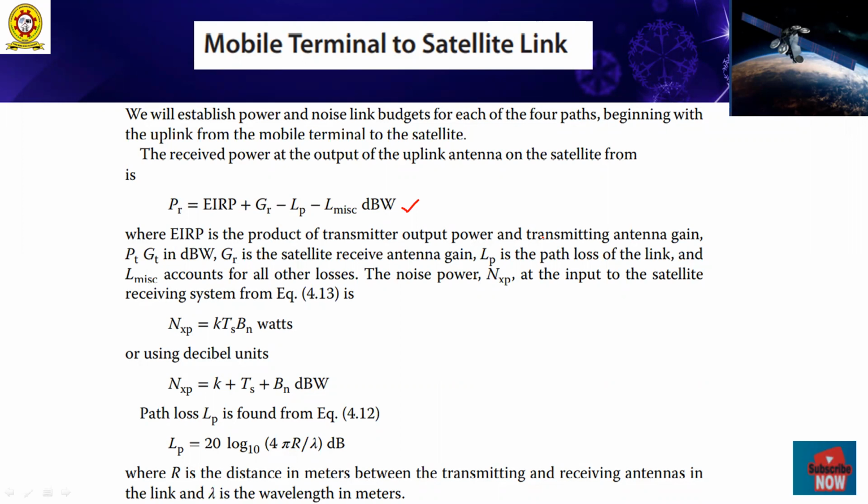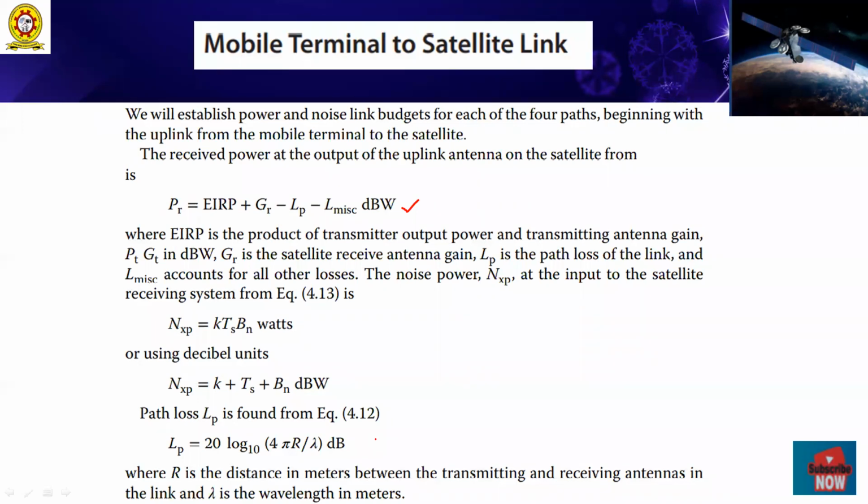So when this equation has received power, automatically the noise power, whatever the noise power is, should be indicated here. Therefore, the noise power at the input of the satellite receiving system we wanted to represent. For that, we want to establish the formula for the noise power.